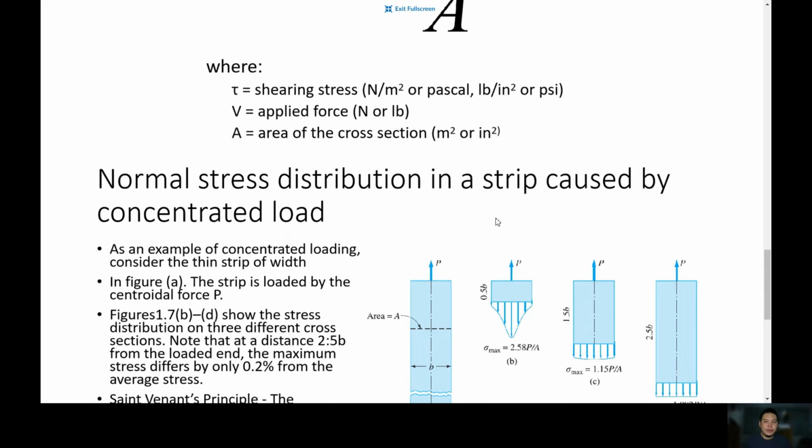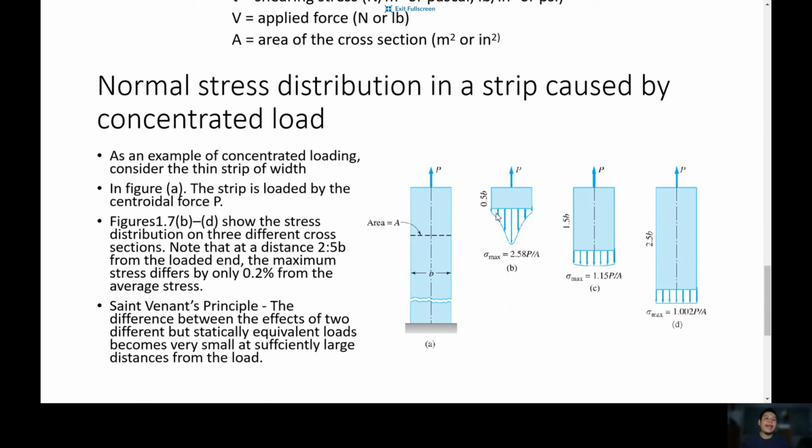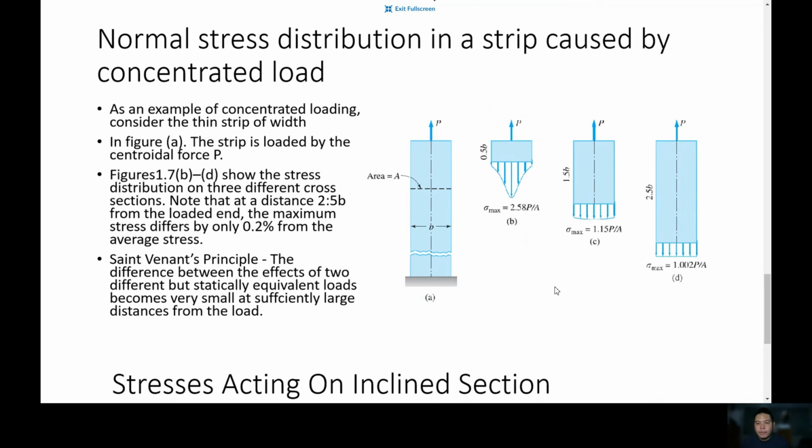Normal stress distribution in a strap caused by concentrated load. All right, for example, I'll just go ahead and summarize this part into this section. What are the effects of this particular force P?